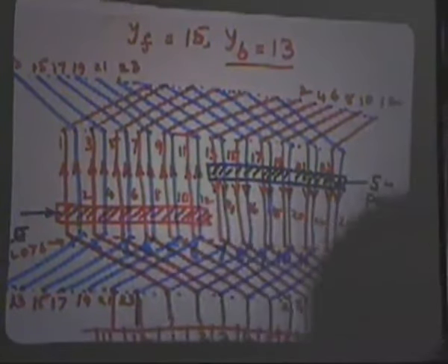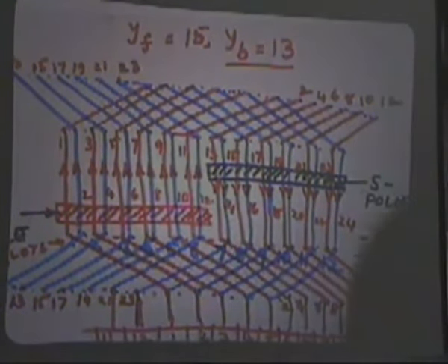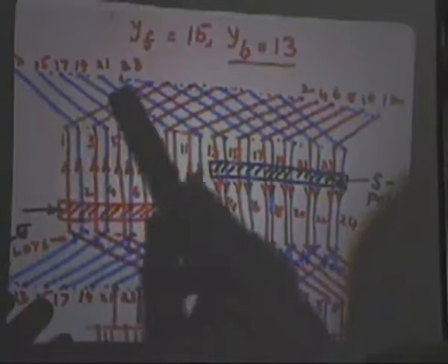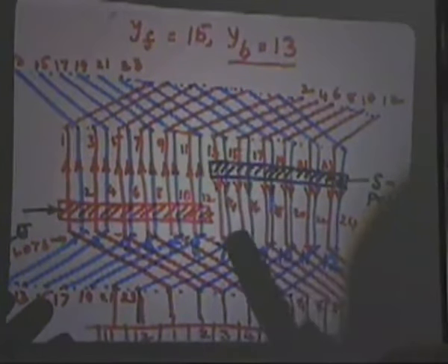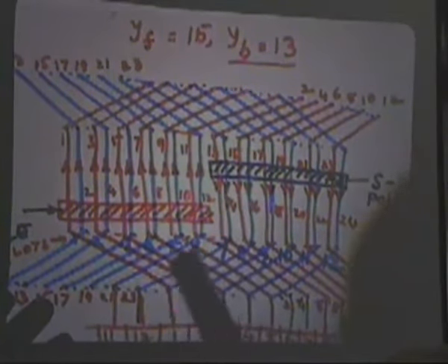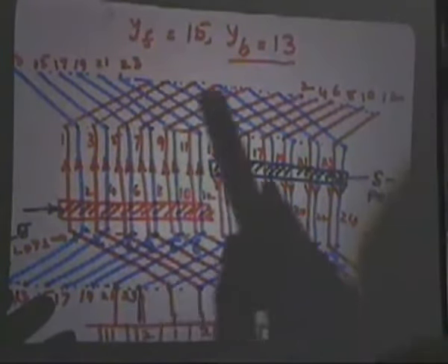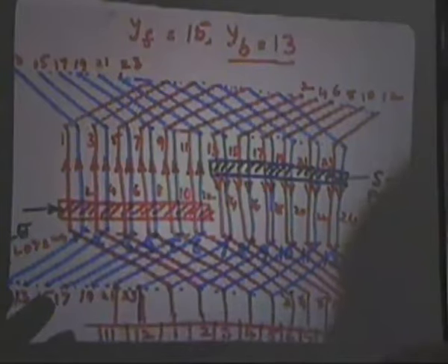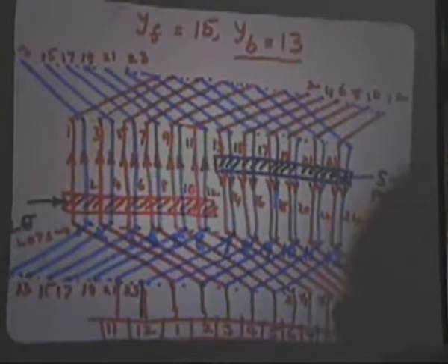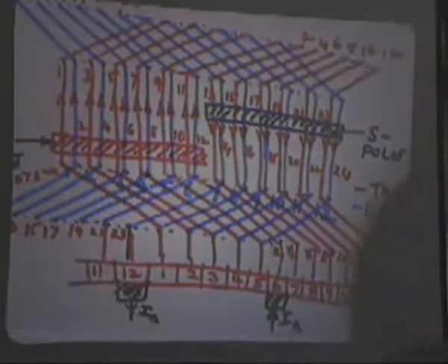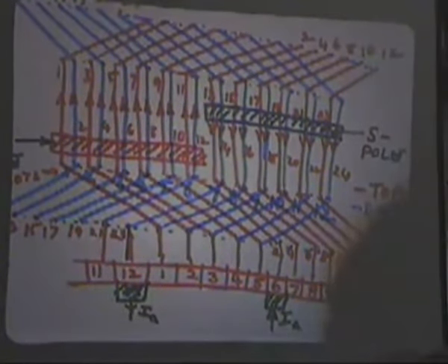Okay, now we should know, as it traverses this route like this, there is one coil side or one junction in which current direction will be entering. That is here.